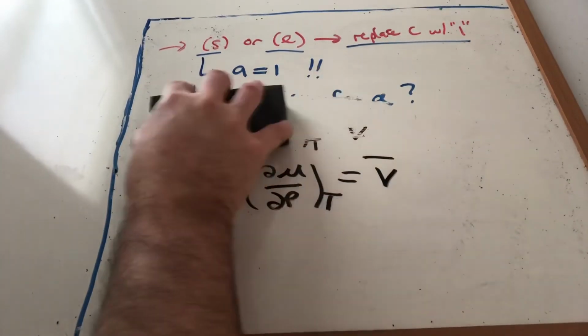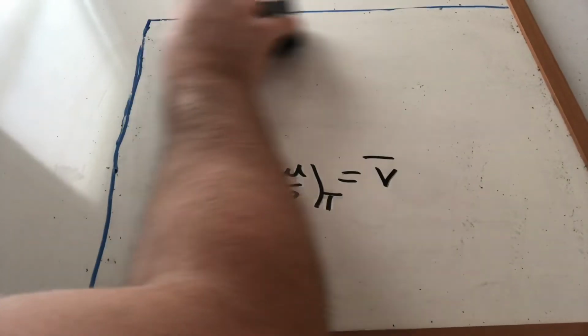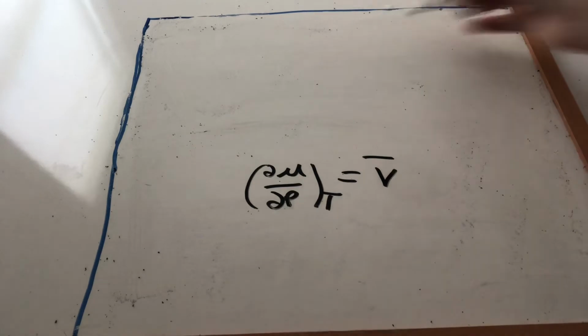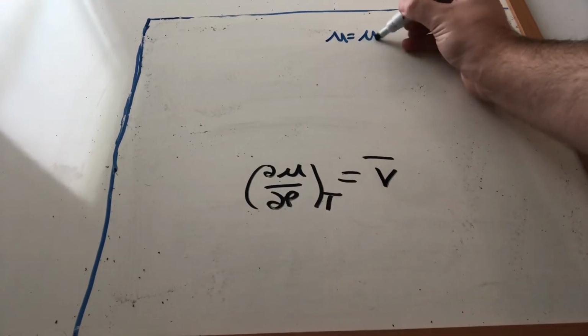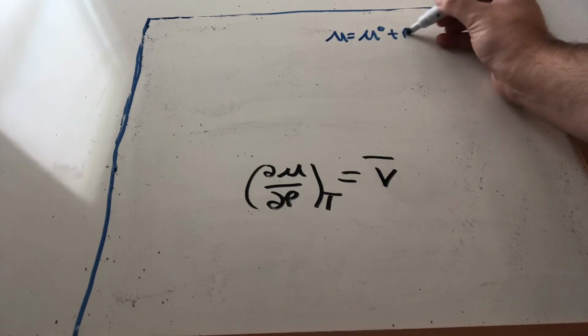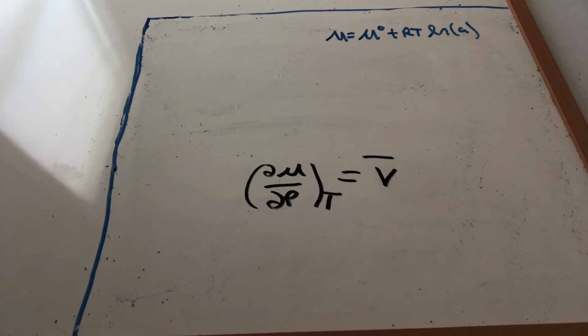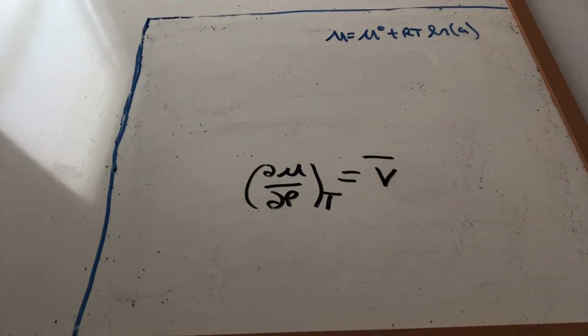For any species, like a solid or liquid, we know that mu can be expressed as mu naught plus RT natural log of A. What we're trying to do is solve for A, and see how A changes as pressure changes. It's all about activity now, because that's what we want to analyze. So we're going to substitute this in here.